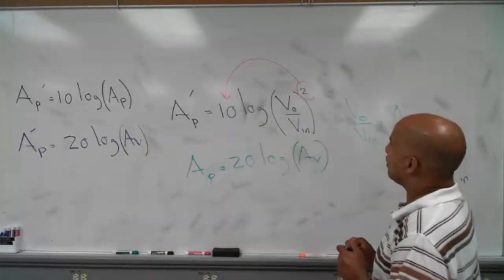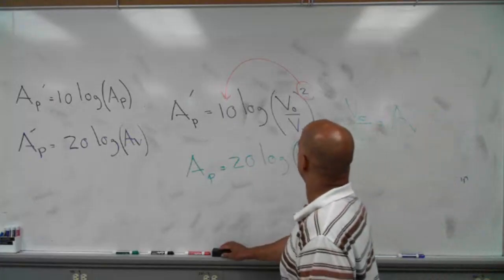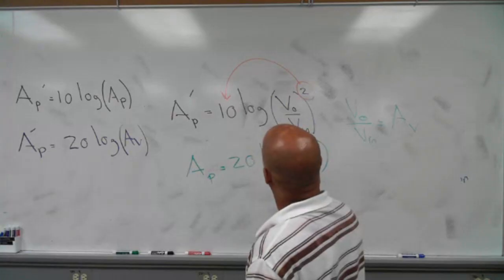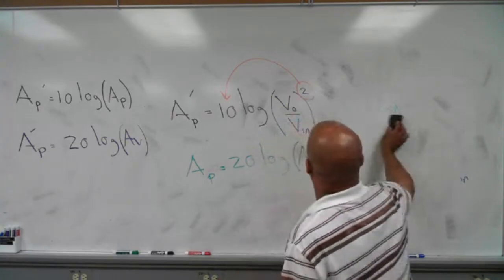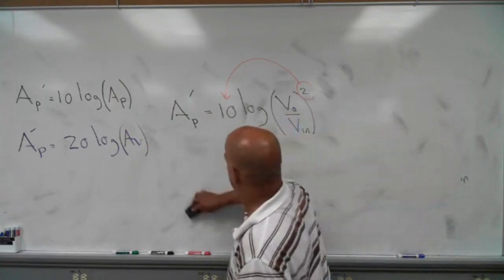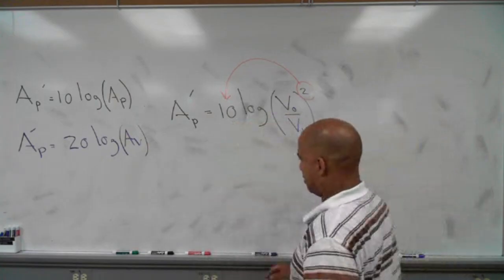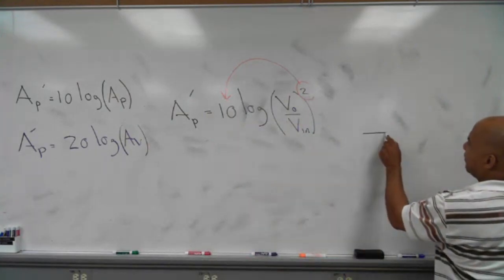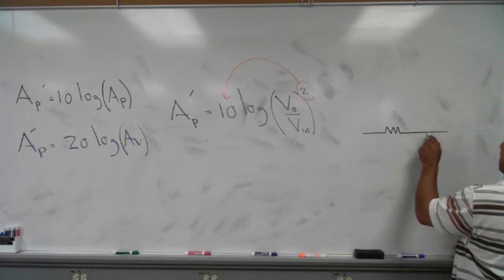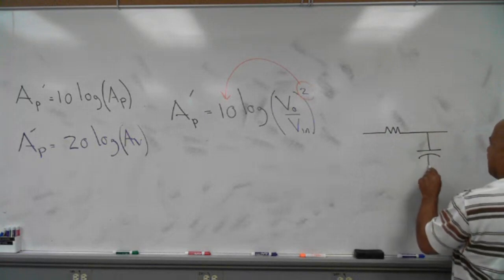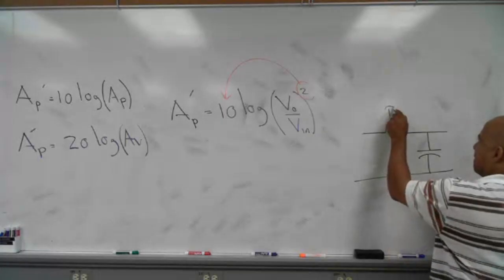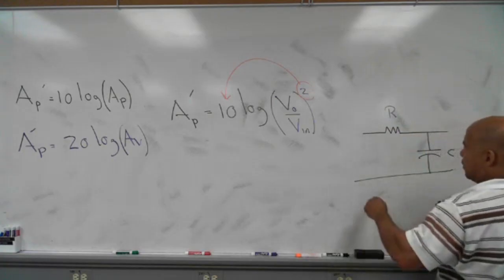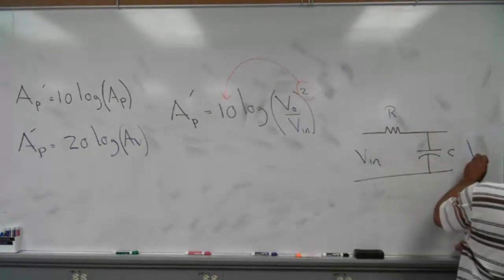Well, what about this? What about, let me think about how I'm going to show this next one. Let me go back to my circuit. If I have this, and I know that this is V in, and this is V out.